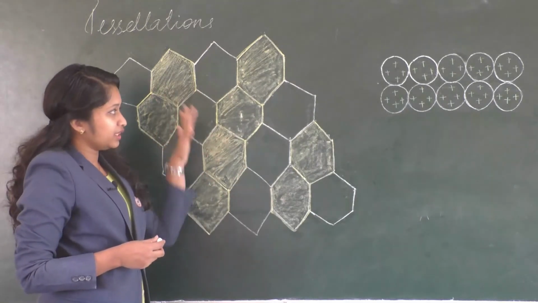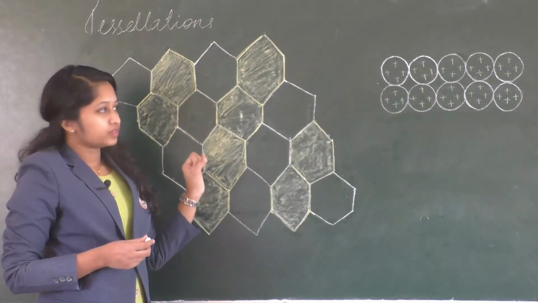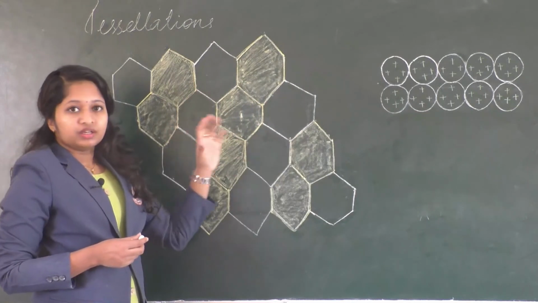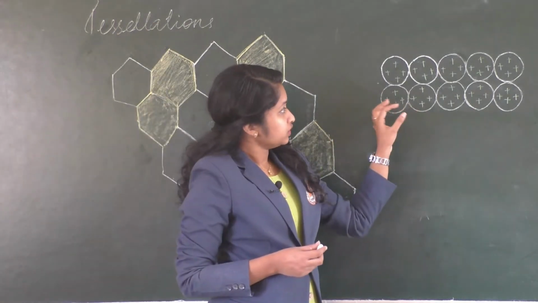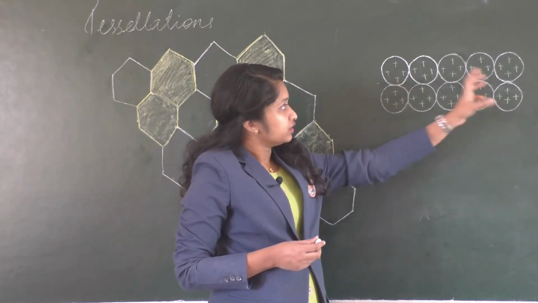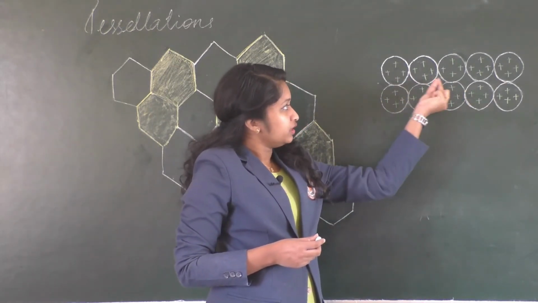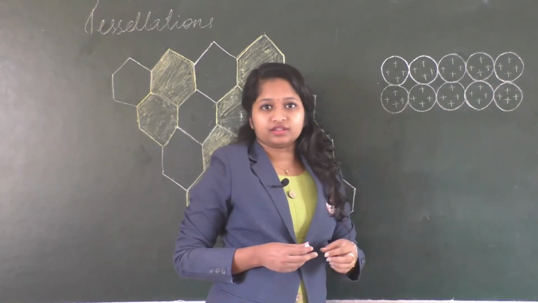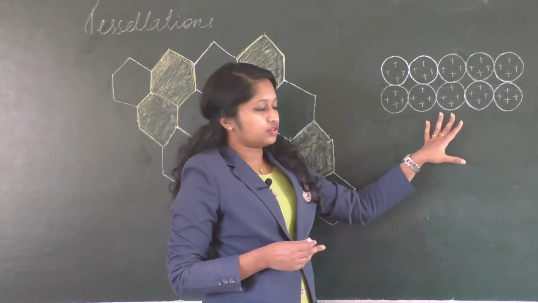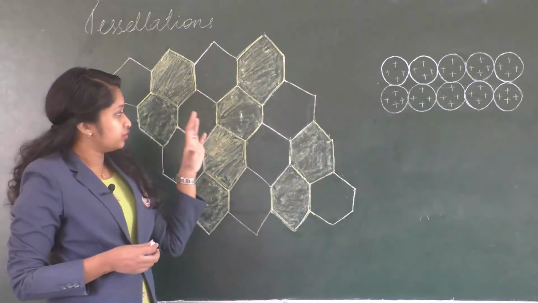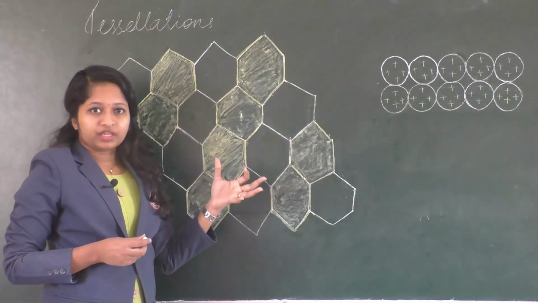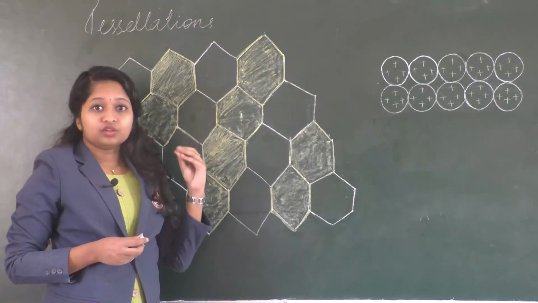This plane is completely filled. So this forms a tessellation. Here there are circles and in between gaps are there, isn't it? So this does not form a tessellation.